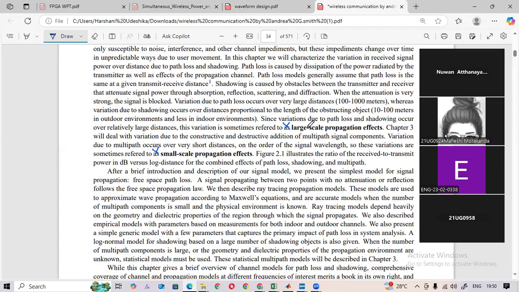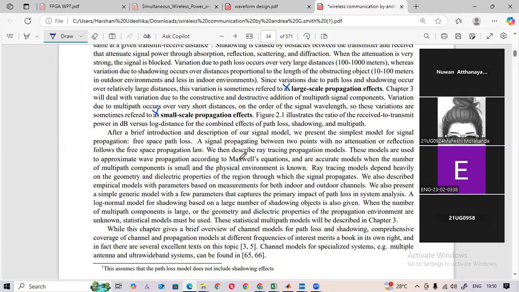Just learn the large scale and small scale propagation effects. You need to be able to compare them; it is just a theory thing.